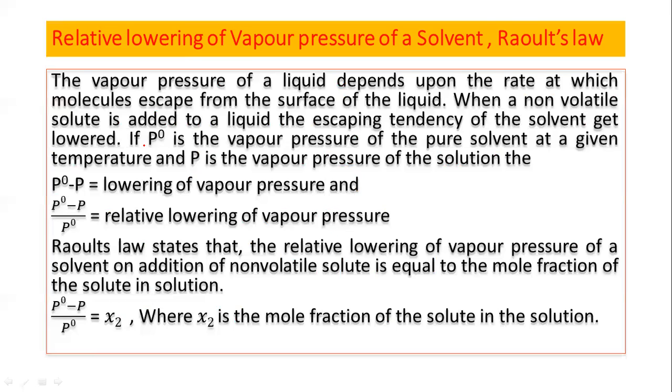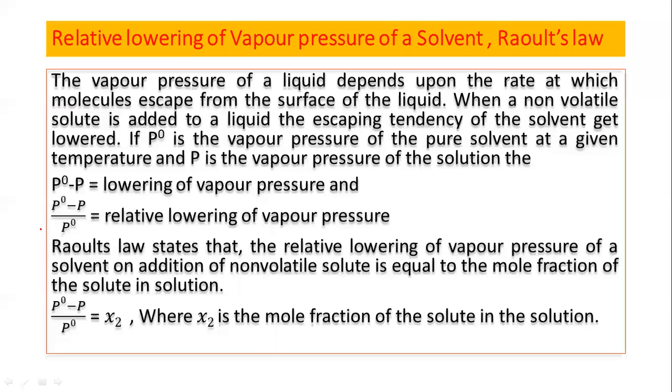What is P0 here? P0 is the vapor pressure of the pure solvent or pure liquid at a given temperature. And P is the vapor pressure of the solution due to the addition of the non-volatile solute. So the vapor pressure gets lowered due to the addition of the non-volatile solute.